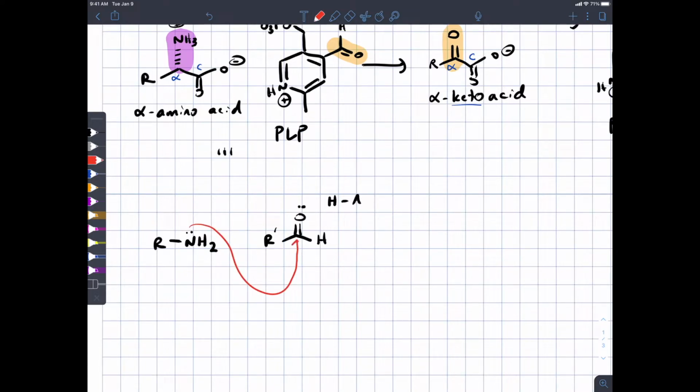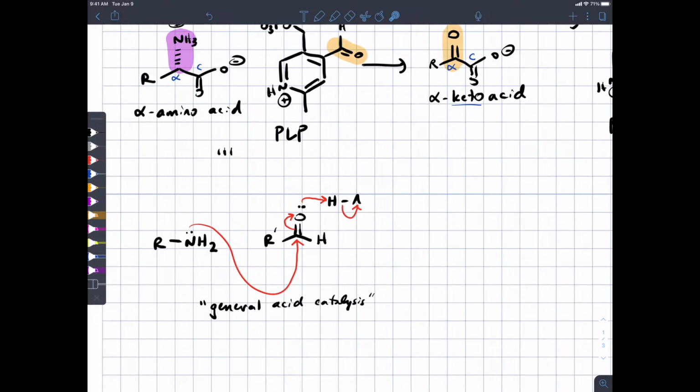The nitrogen attacks the pi star of the carbon-oxygen pi bond. You break that pi bond, and at the same time, lone pair electrons on the oxygen pick up a proton from your catalytic acid. It's okay to draw it all in one step. This would be called a general acid catalysis, because the acid part happens at the same time as you're attacking.